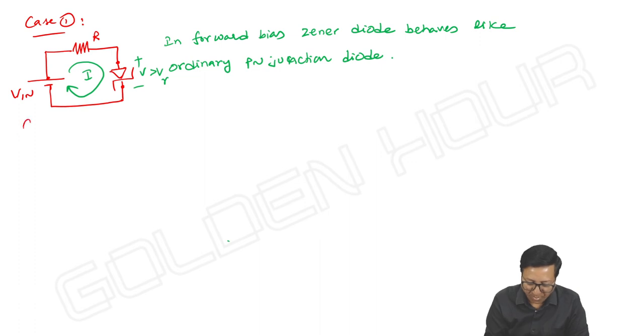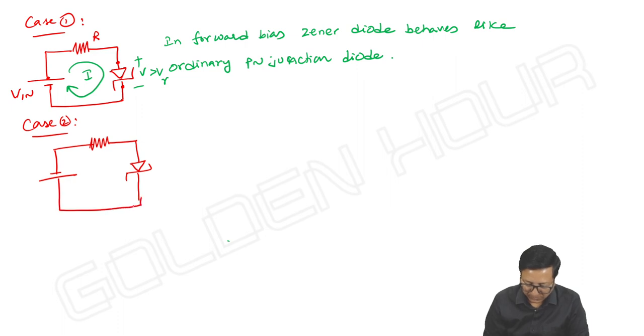And case 2. Reverse bias. Reverse bias in the sense, of course, the input is less than its breakdown voltage. Then the Zener diode behaves like ordinary PN junction diode under reverse bias condition.